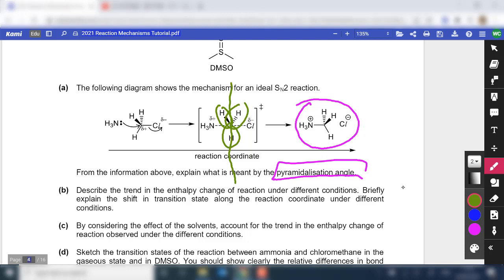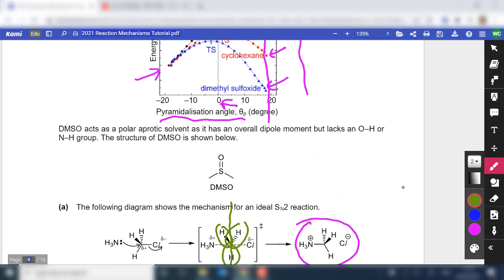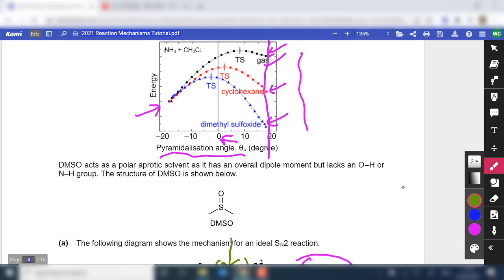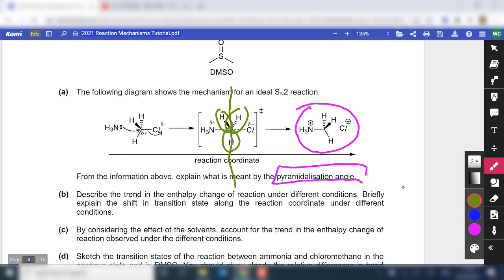Then it can be seen that there is an inversion in stereochemistry, which I think is rightfully pointed out by the change from negative to positive degrees for the angle. If we take the middle portion as the reference point, then before that it is a negative angle, and after the course of the reaction it is now positive.